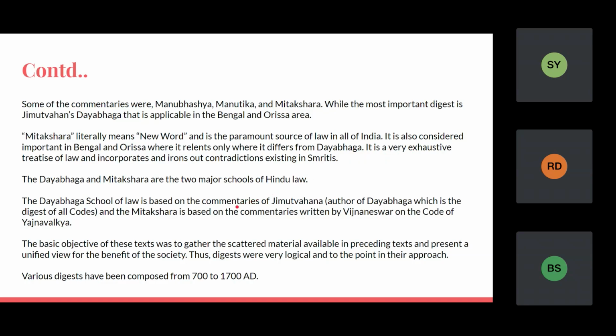It is a very exhaustive treatise of law. Both include rules, regulations, and practices followed by people residing in particular areas. Some regions follow Mitakshara, some follow Dayabhaga. These are the two major schools of Hindu law. Dayabhaga is the commentary of Jimutavahana, and Mitakshara is by Vignaneswara.